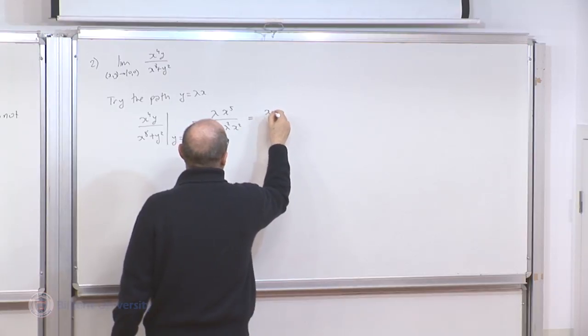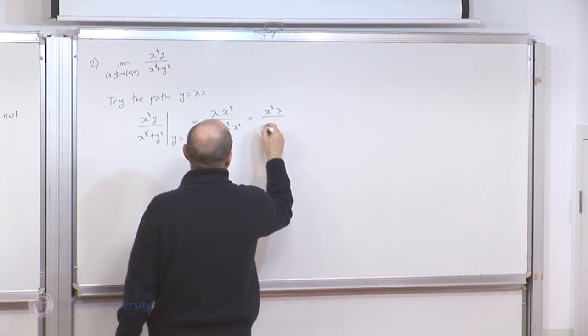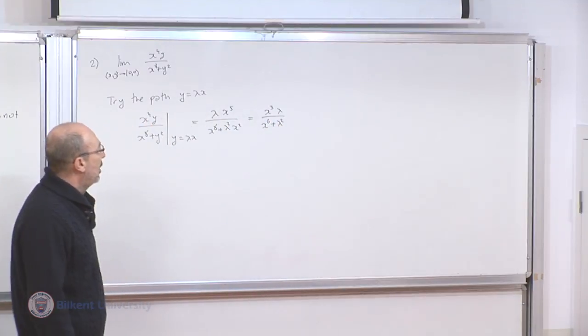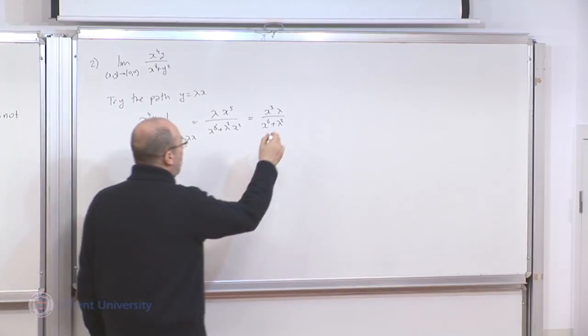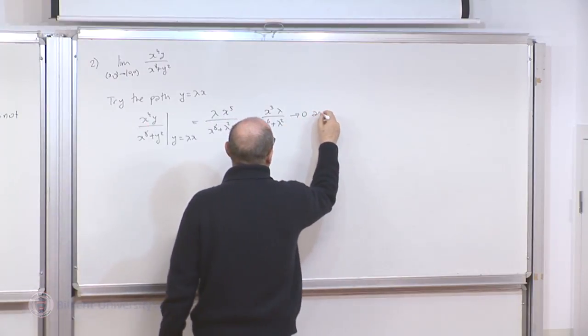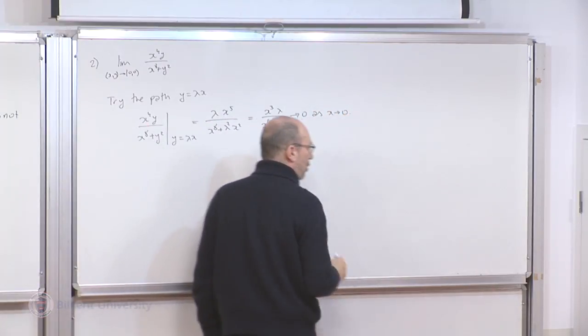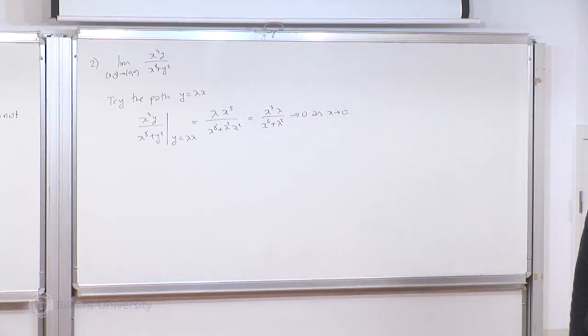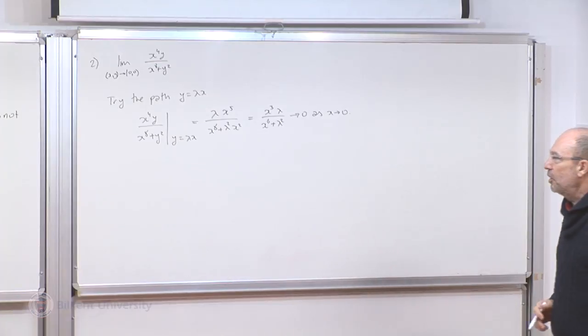I have x cubed lambda over x to the 6 plus lambda squared. This goes to 0 as x goes to 0. So if you are approaching the origin along any line, you get 0. So we know that this doesn't give us any information. The necessary condition for the limit to be equal to 0 is satisfied, but the sufficient condition is not.